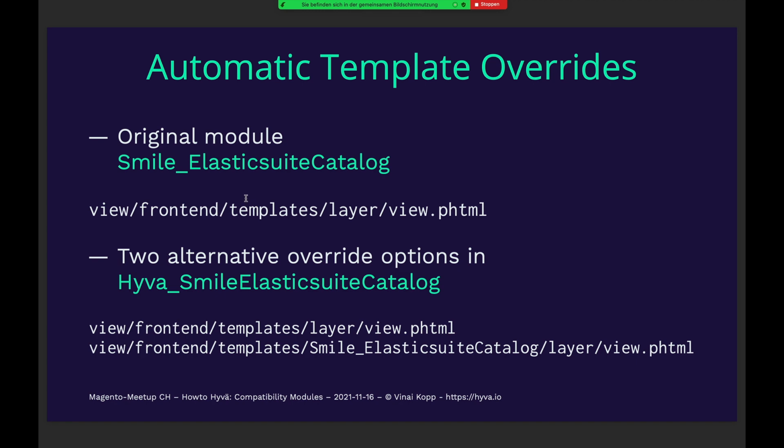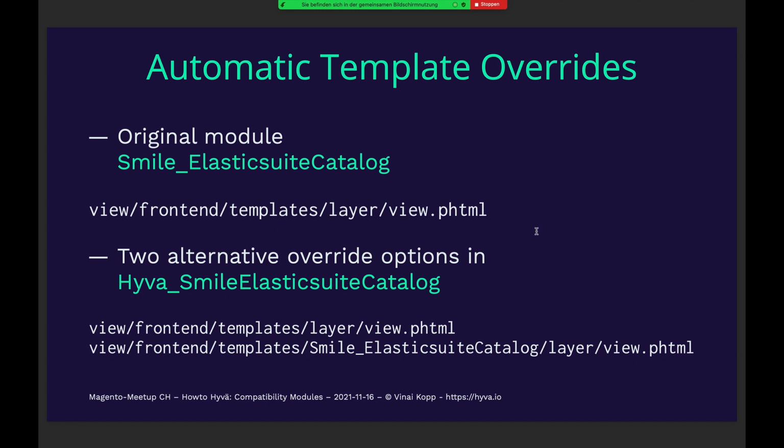So for example, there's an original module, Smile Elastic Suite. It's super popular. And part of that Smile Elastic Suite module group is a Smile Elastic Suite catalog. And in there we have a template file, in view front-end templates layer view PHTML.